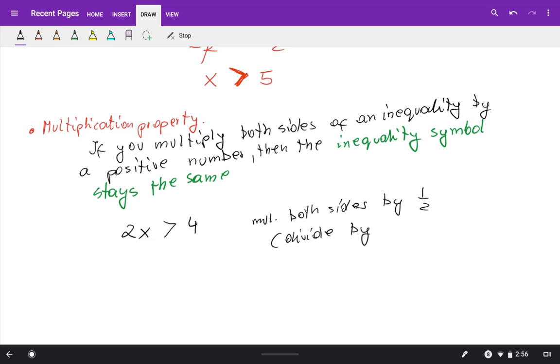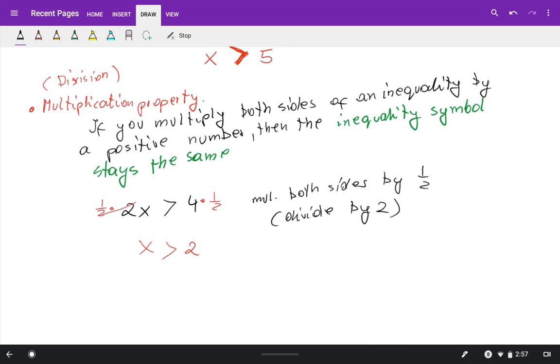Division is multiply by a reciprocal. So this is the multiplication slash division property. So I multiply both sides by 1/2. Since I multiply by a positive number, that will cancel, and the inequality symbol stays the same.